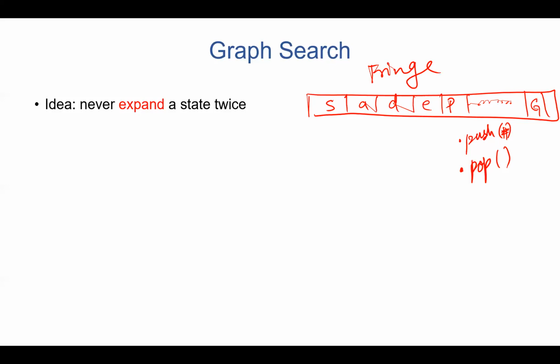Maintain a separate array. So if you pop something out of this fringe, just put it in another data structure. We can call it our visited nodes.